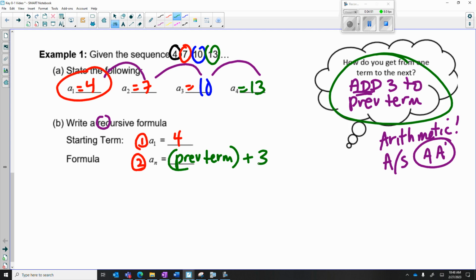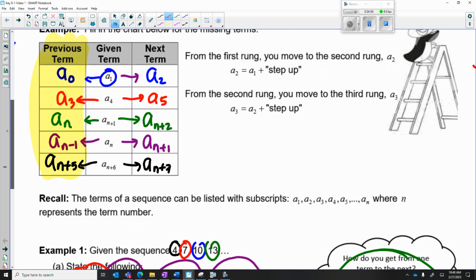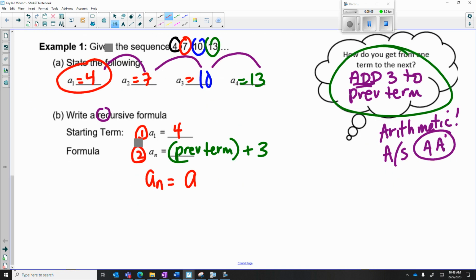If you look back up to here, the previous term of A n is A n minus 1. So I'm going to do A n minus 1 and then plus 3. This is the formula that defines the recursive sequence. It has the two pieces, 1, 2. So now we're done with this question.